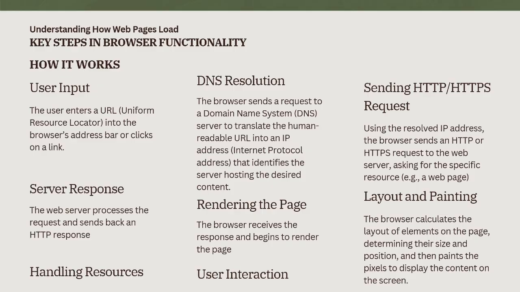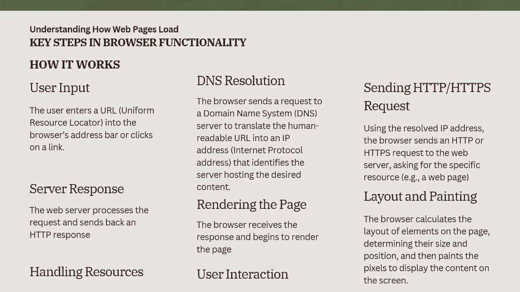So after it has been changed from human readable, that's the Google, to the IP address, it now asks for a specific resource. That's the specific resource we are looking for, is the Google right there.